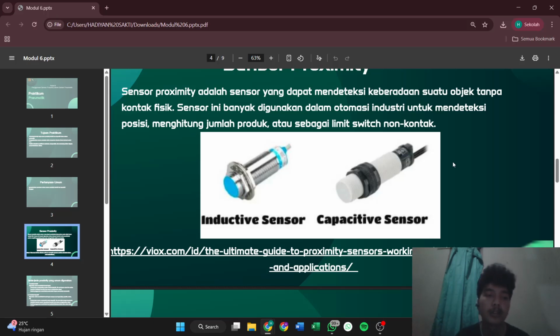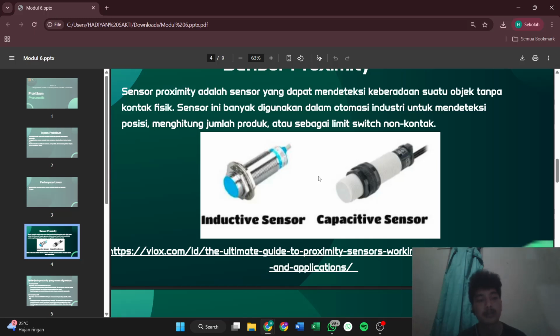How does it work internally? In a proximity sensor, there is an oscillator that generates an electromagnetic or capacitive field. When an object enters the sensing area, the field is absorbed or disturbed.